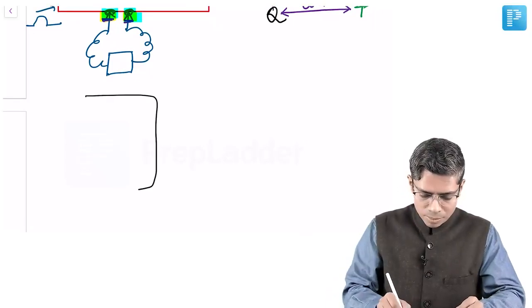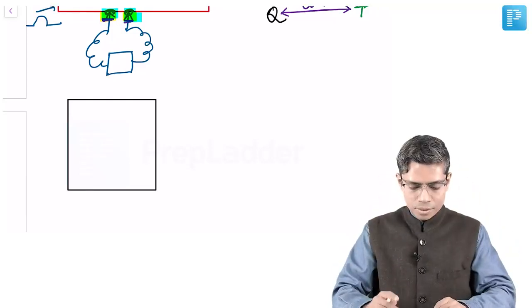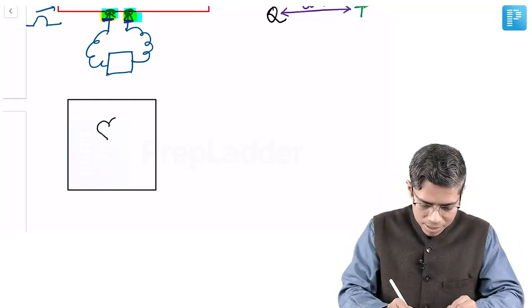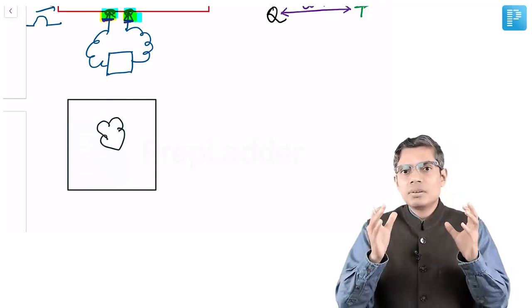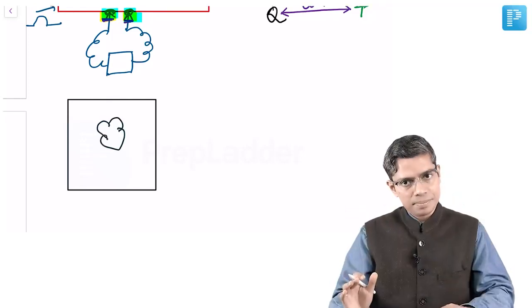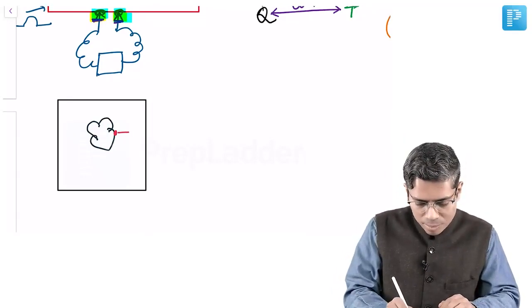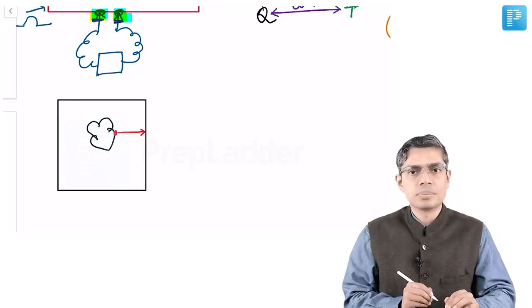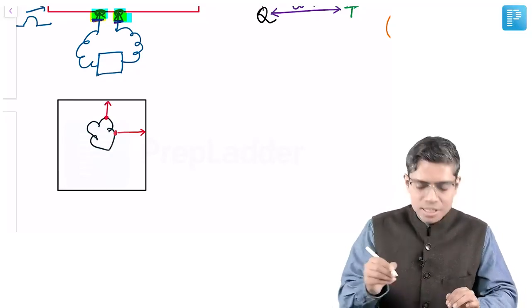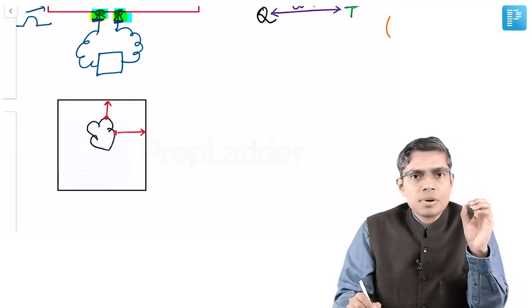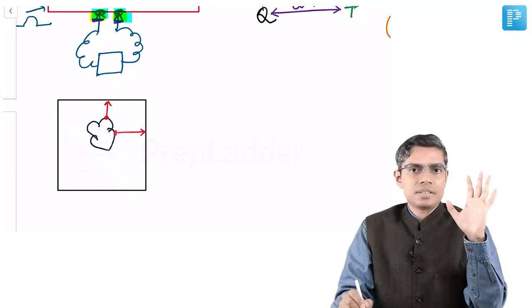We all know this phenomenon: suppose this is our body, the torso, and the heart is located here. The human body is a very good conductor of electricity. So whatever voltage is generated here, the same voltage is going to reach the surface of the body, because our body is a very good conductor of electricity.